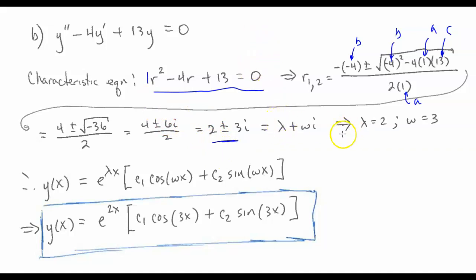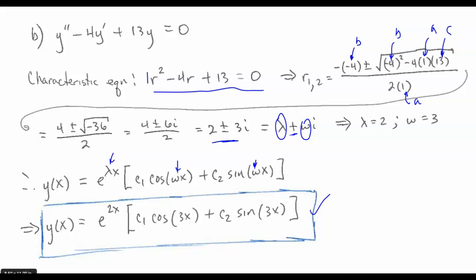So we let 2 be our lambda and 3 be our omega. The 3, which is the coefficient of the imaginary part, goes here, and the 2, which is lambda or the real part, goes here. And so we have e raised to the 2x times c1 cosine of 3x plus c2 sine of 3x as our final answer.